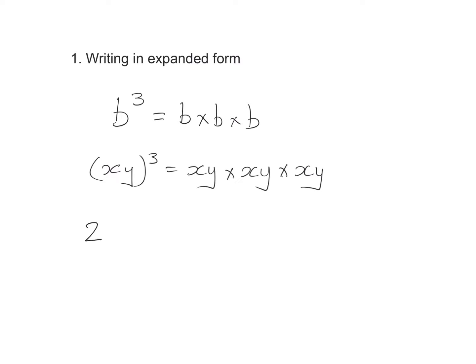And if we had 2a squared b squared, we could write that as 2 multiplied by a multiplied by a multiplied by b multiplied by b. So this 2 here is that 2 there. A squared is the same as a times a, and b squared is the same as b times b.